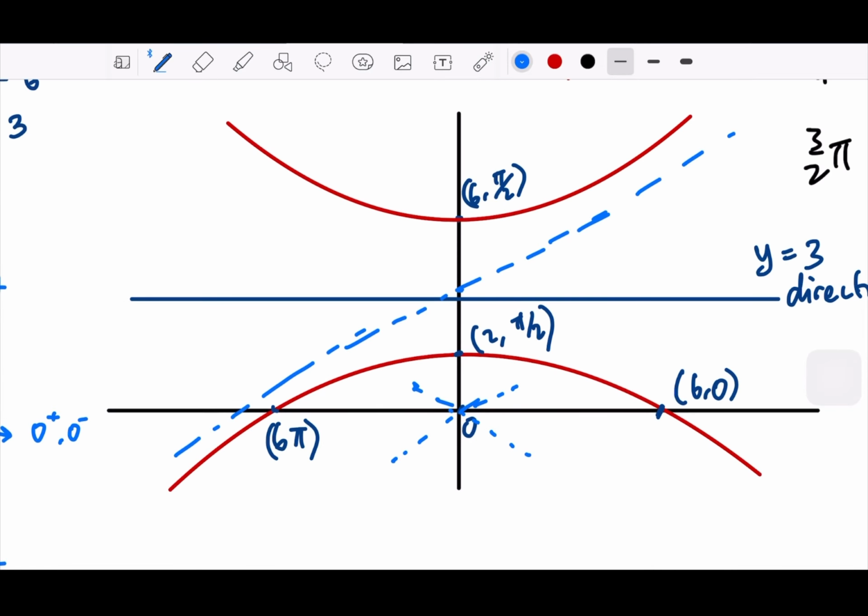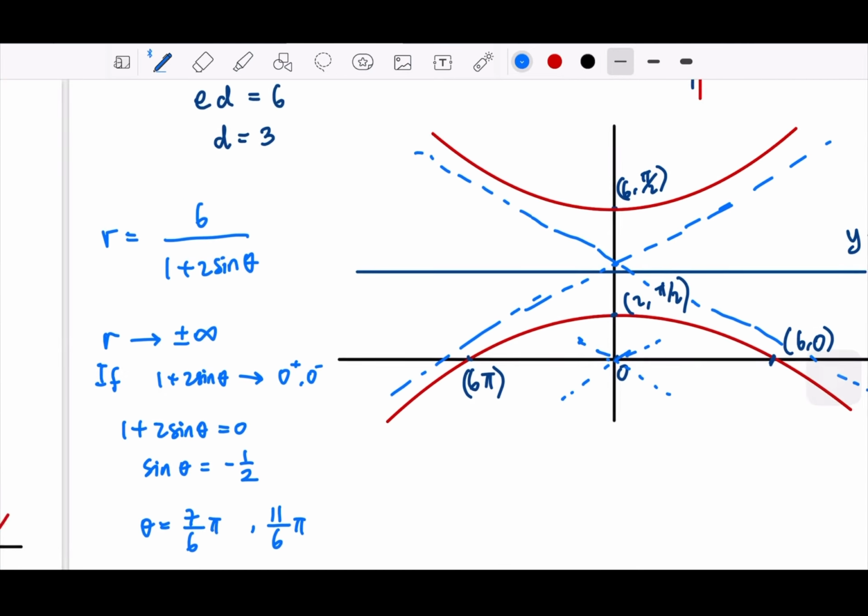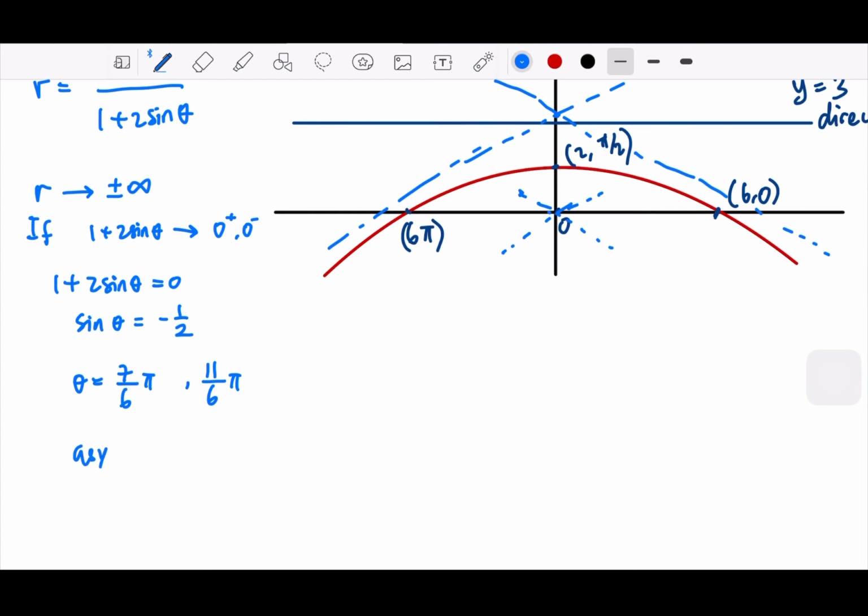It's not really a straight line, but anyway, that will be the asymptote. So the asymptotes are parallel with theta and theta.